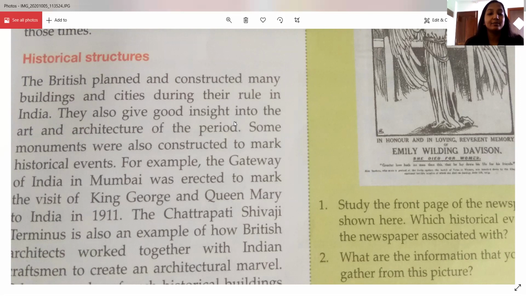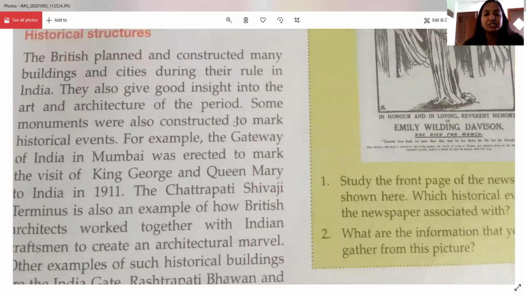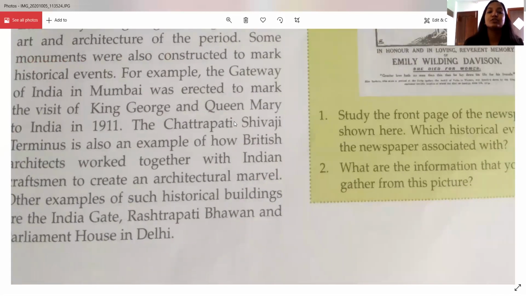And there are many other historical structures which give a fusion of British architecture and Indian architecture. For example, like the Chhatrapati Shivaji terminals, and there are other examples as well, such as India Gate, Rashtrapati Bhavan, or the Parliament House in Delhi.